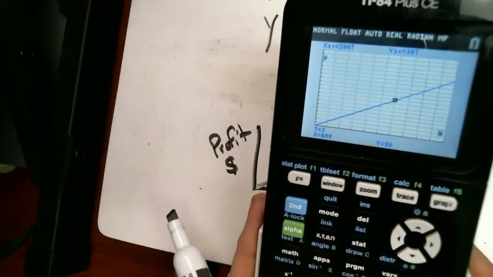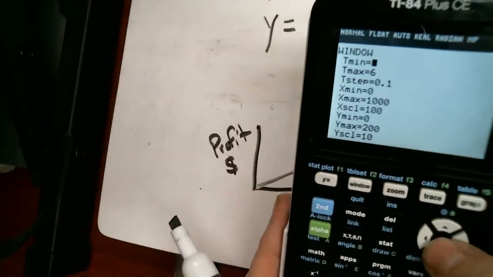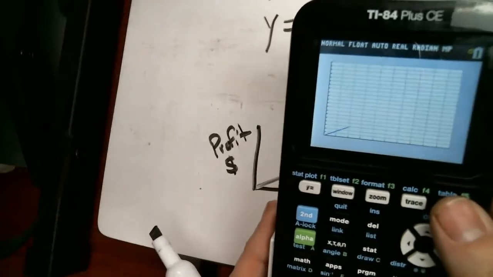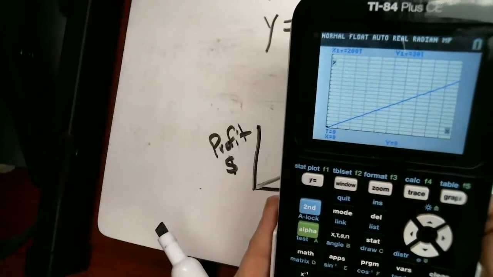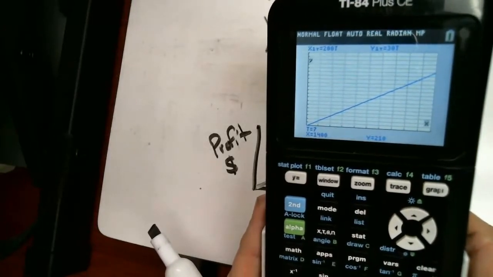So, number 1 says, suppose the painter worked for 7 hours. Uh-oh. I gotta go out to at least 7, so go down to 8. And I'm going to trace it and type in 7. T equals 7. And it'll put me right at that place.